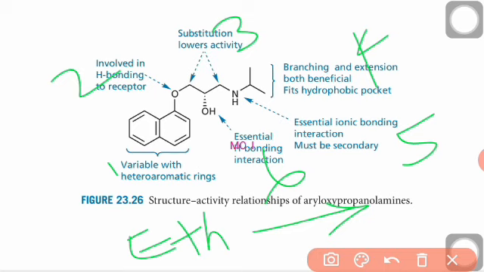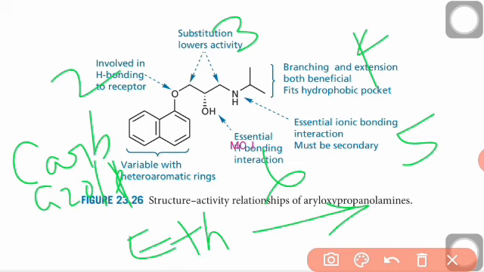The variable heteroaromatic ring can be anything. Finally you will have a carbazole moiety in this position, which still gives beta blocking activity.